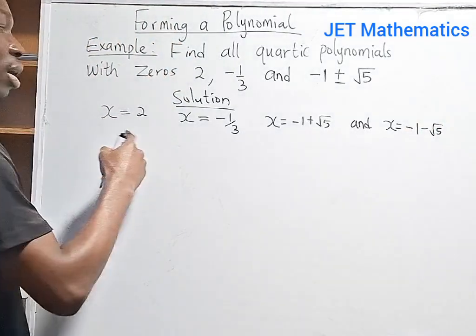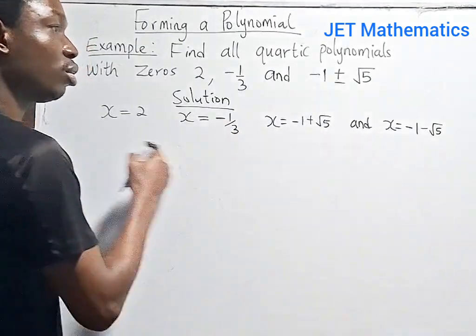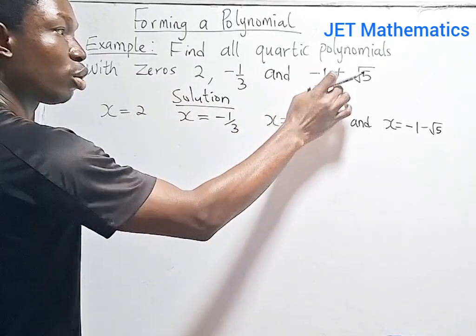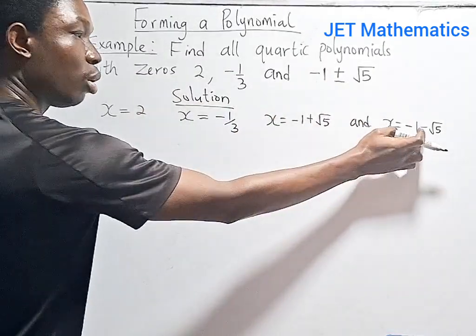Okay, so we have these four roots. This is plus or minus, so we have separated it.